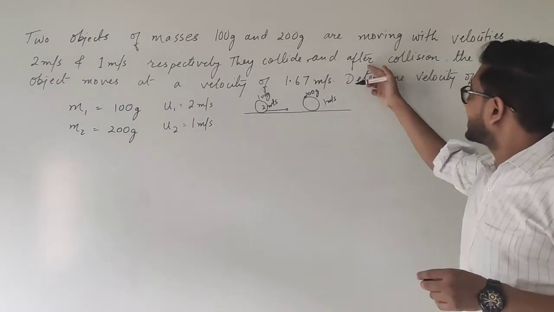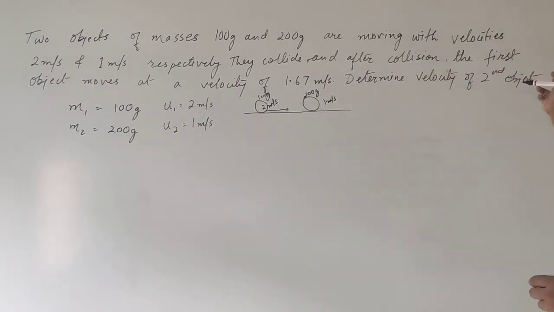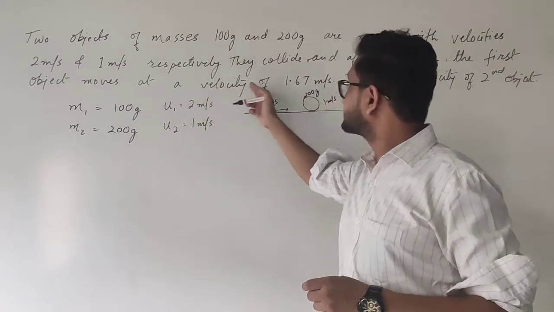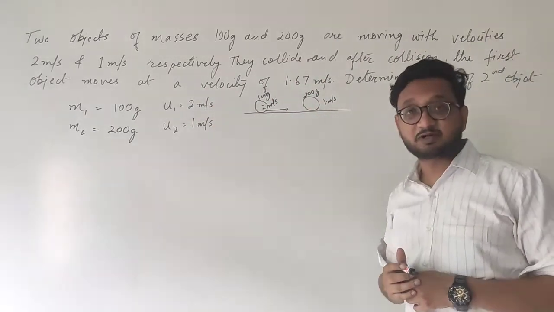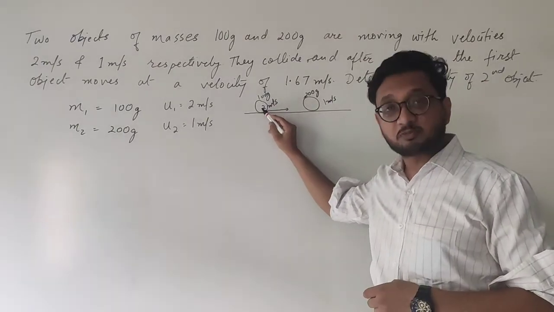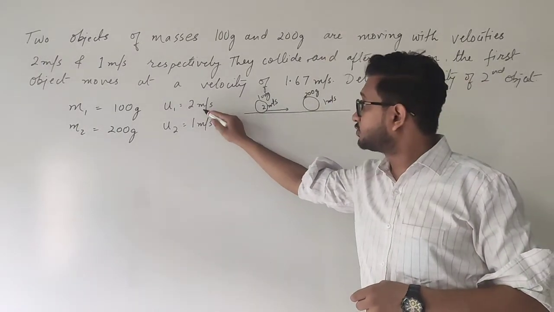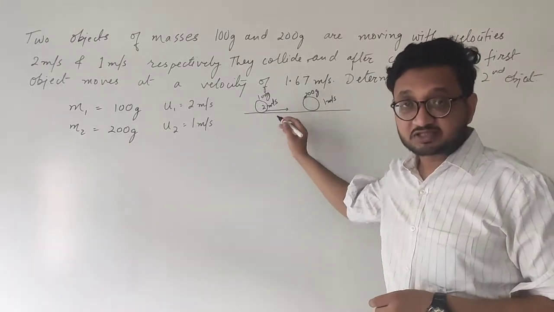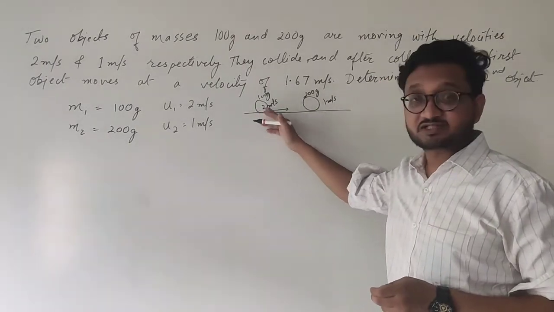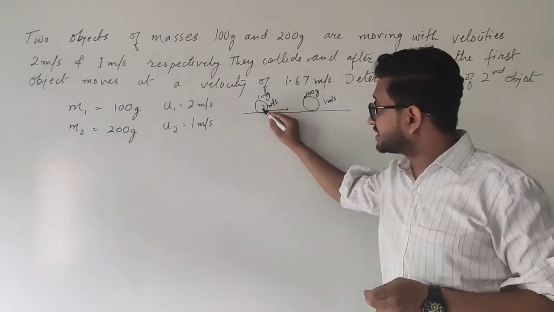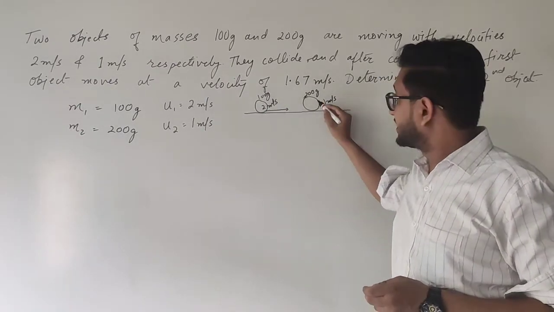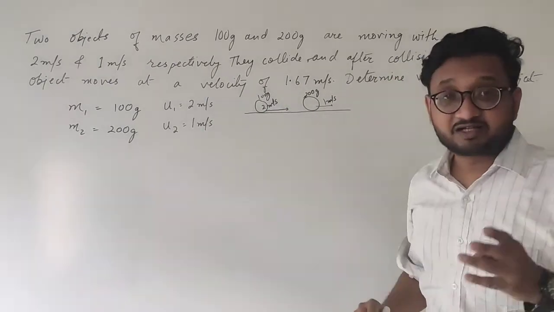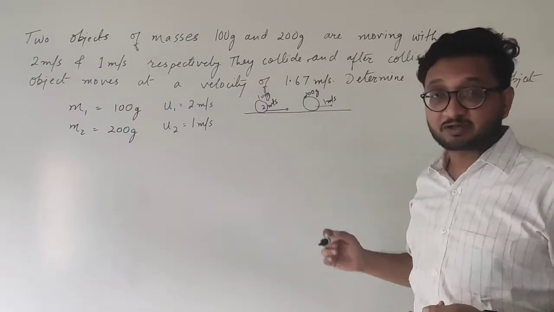So it states that after the collision, the first object moves at a velocity of 1.67 meters per second. So the first object which is having velocity of 2 meters per second, after colliding, its velocity reduces. So obviously if this object is striking this one, then the velocity of this one will reduce and the velocity of this object will increase. So it will be more than 1 meter per second.